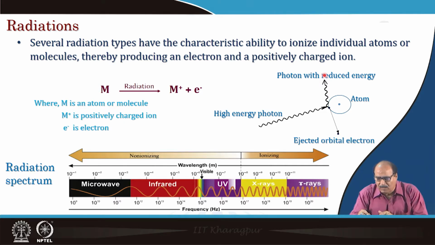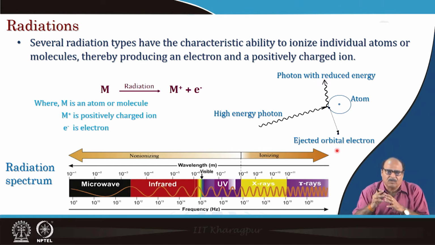The photon with reduced energy goes out, and when the energy of the outer orbital electron is increased above a certain level, it comes to the excited state and finally ejects the orbital electron. So, a positively charged atom and a negatively charged electron are formed. So, M becomes M plus and e minus.